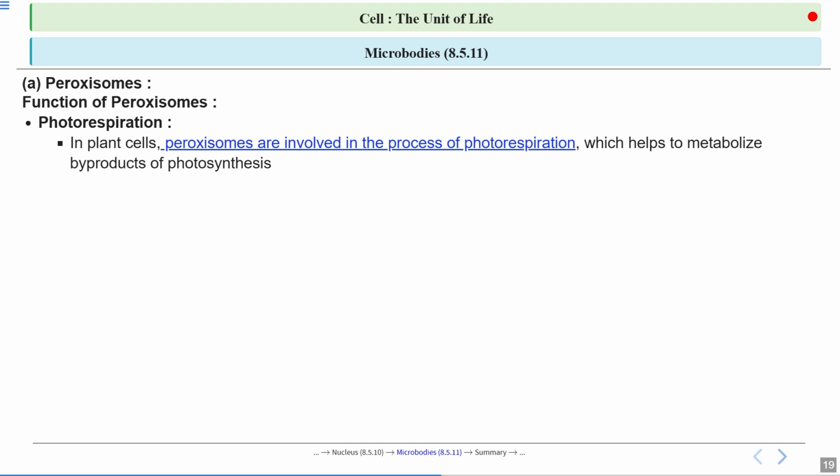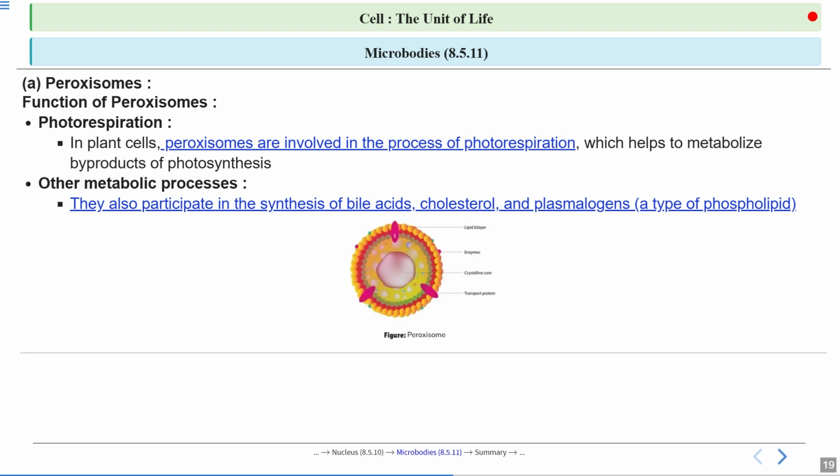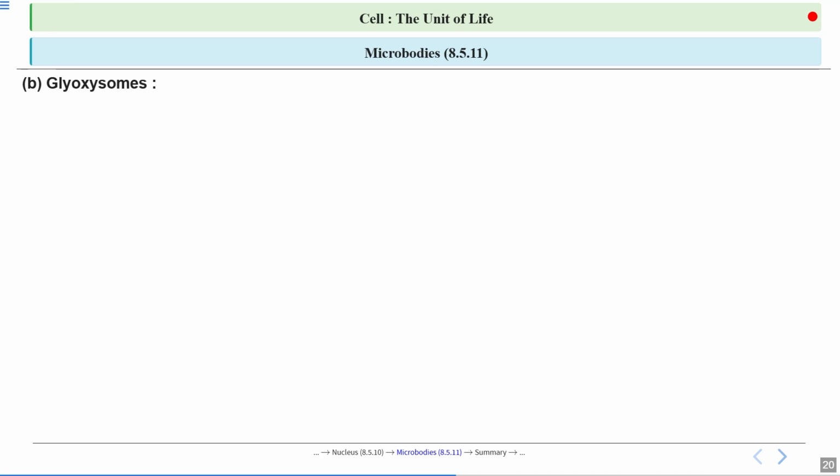You will also learn about photorespiration as well. Clear? So here three organelles are involved. It is also involved in some other metabolic processes. They also participate in the synthesis of bile acid, cholesterol, and plasmalogens, which are a type of phospholipids. These are some additional functions. You should remember the main functions.